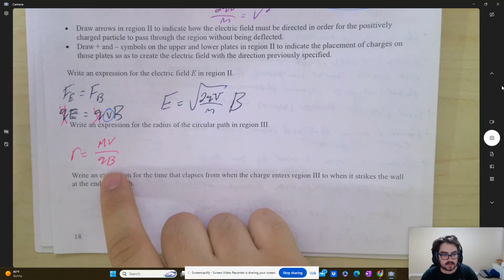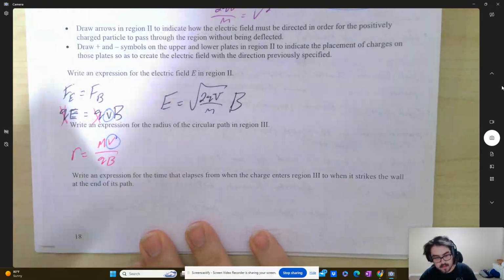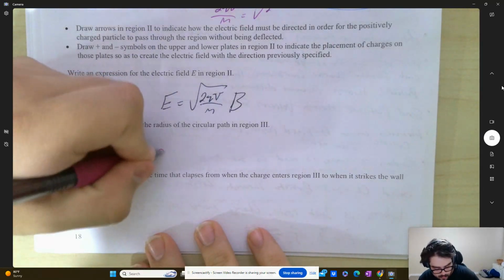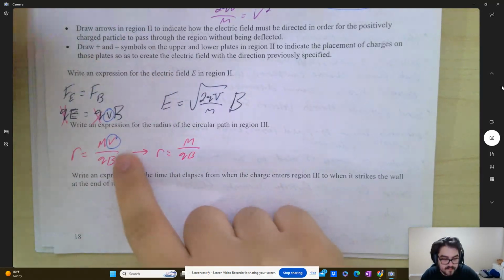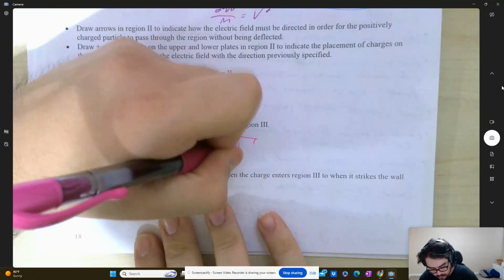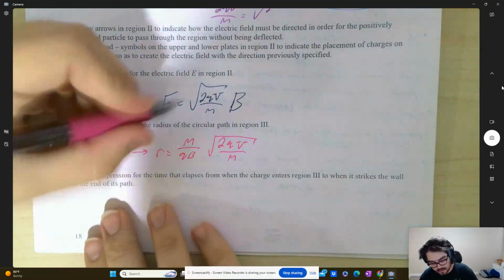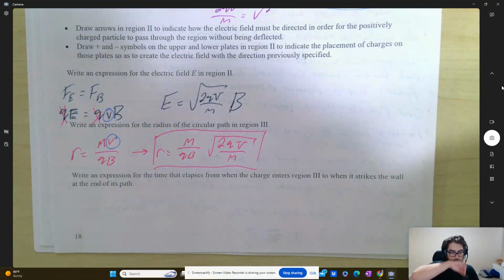The only thing we need to do now is take our expression for velocity and plug it in. So then you get r equals m over qB, and then the v is just root 2qV over m. And that's the expression for the radius. It's really not that bad at all.